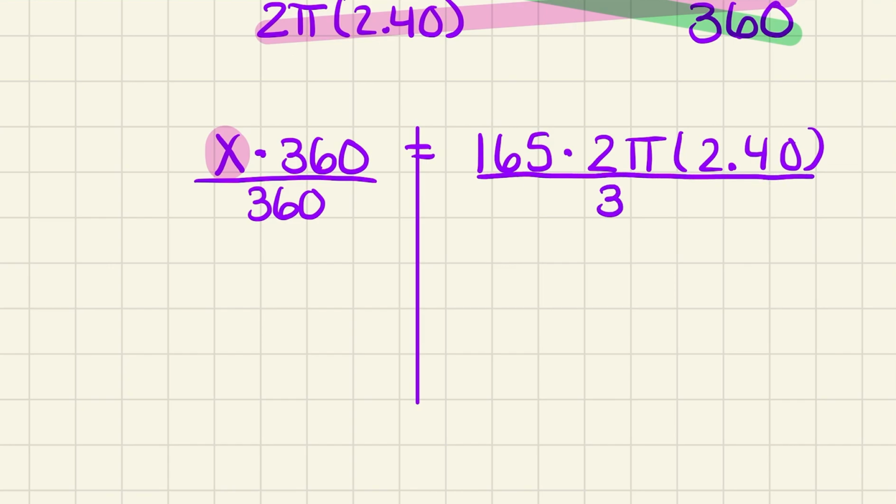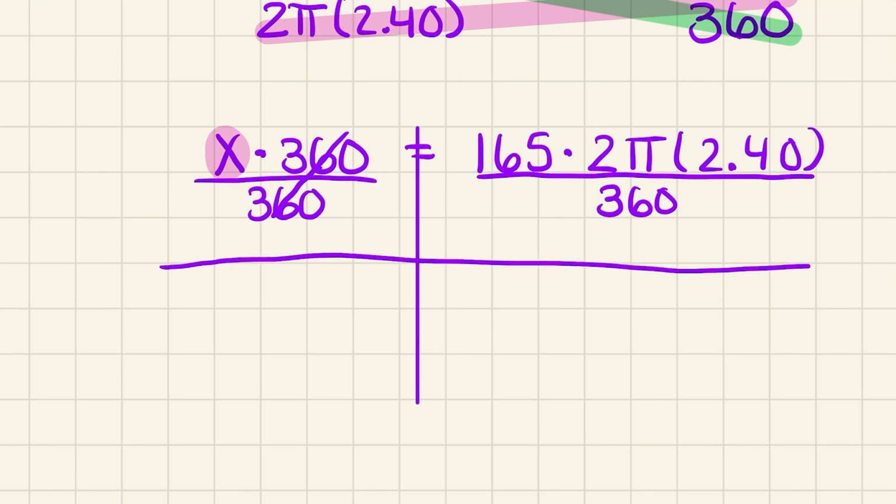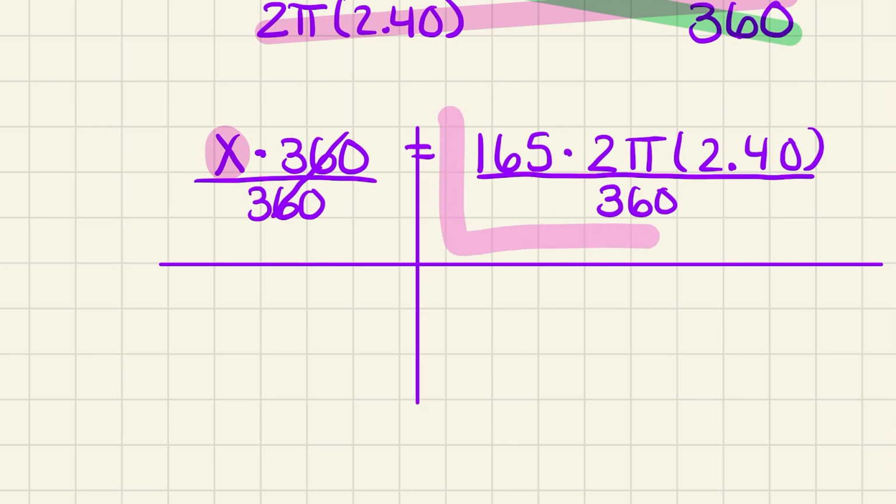Now I want to take a moment to talk to you about your calculator because right now I'm ready to plug into my calculator. Over here, I hope you recognize that this is a fraction. And it's really helpful to write it as a fraction because it's really just taking care of order of operations for me. If I keep it as a fraction, my calculator knows exactly what to do.